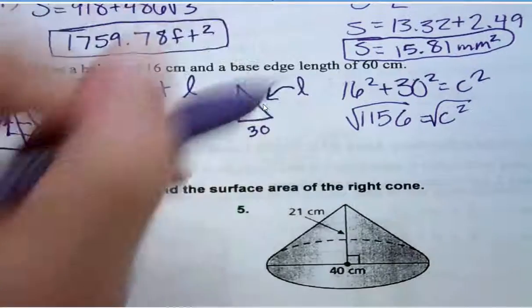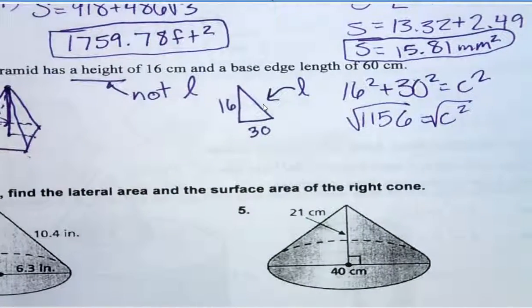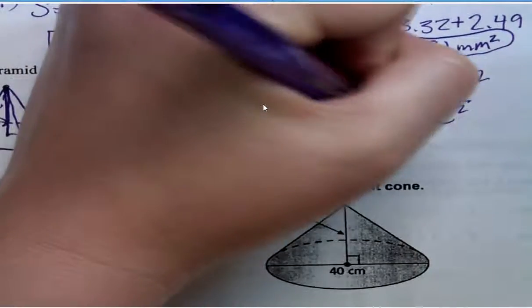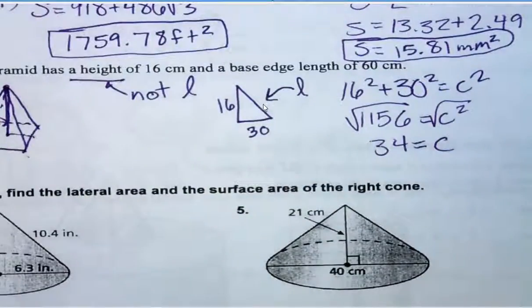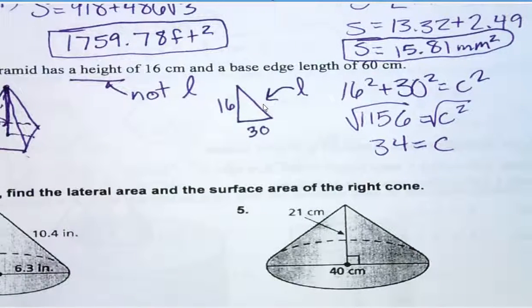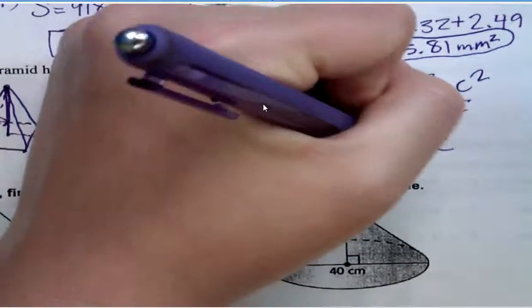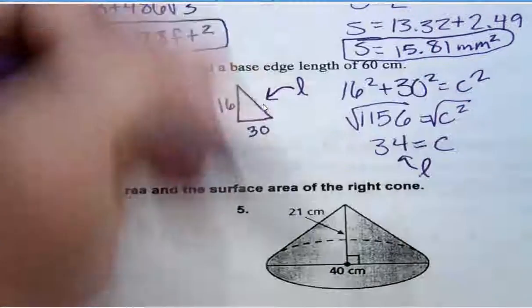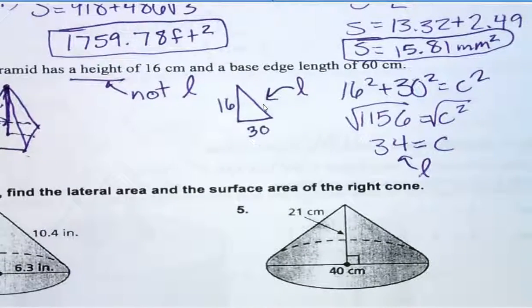Take the square root of both sides, and you get a pretty number, 34. Okay, so that is your slant height. Now you have what you need to solve for this. So you have your slant height. Now, yay.